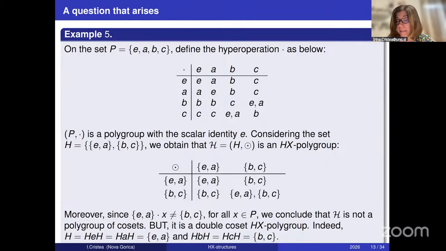But what was nice is that it is a double coset HX polygroup. If we calculate HEH and HAH, we obtain the set containing E and A. And again, HBH and HCH is the set containing B and C. So this was a nice example contradicting the general result, but showing how we can obtain a double coset HX polygroup.